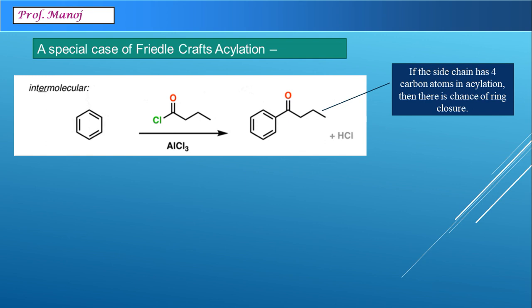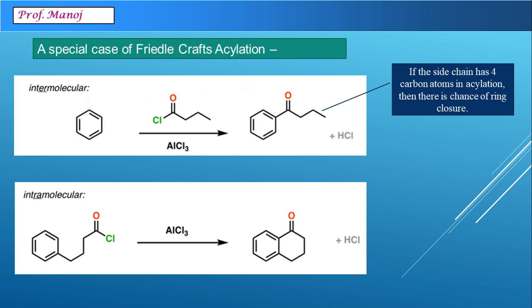Now the special case which I am going to study is over here. In case of any acylation, if the side chain has 4 carbon atoms, then there is a chance of ring closure. What I mean is this way.